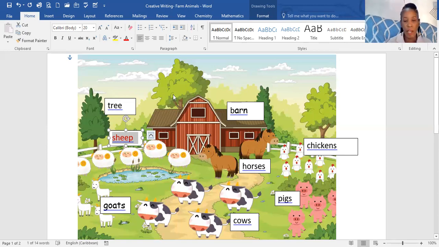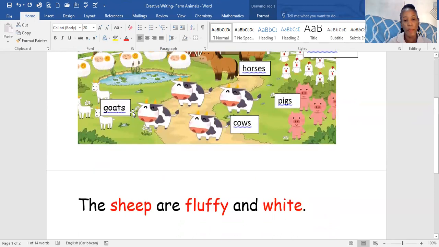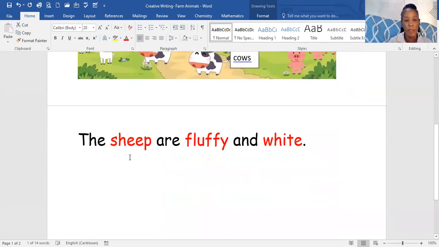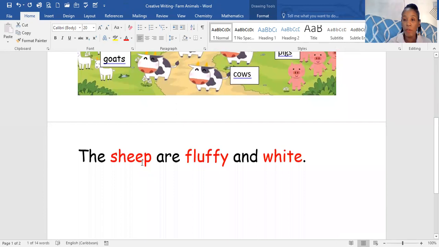So let's get started. We're going to write a sentence about our sheep. Here's our sentence. So do you see the word sheep in red that I chose to write about? I'm writing about the sheep. So now when you write your sentence, you don't have to write them in colors. Write them with your normal pencil. I'm writing it in color just to show you what word I used.